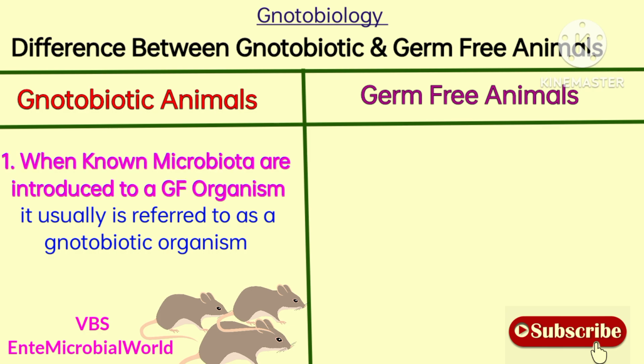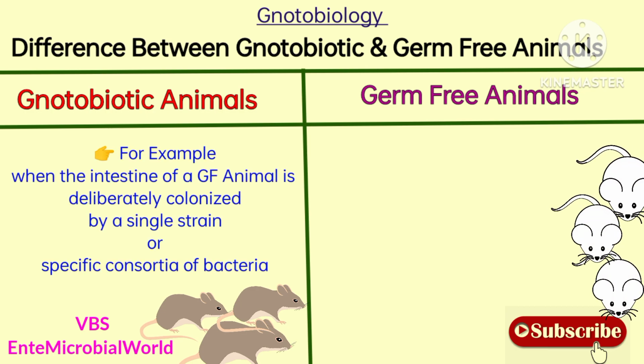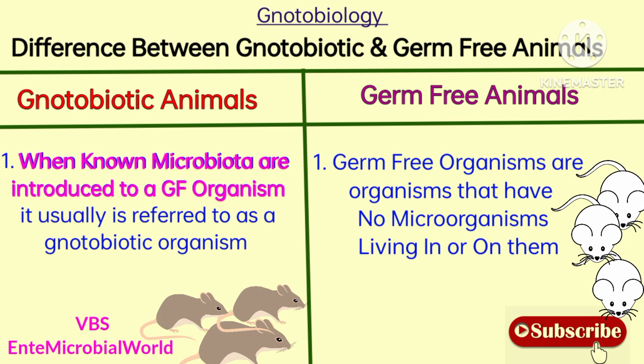When non-microbiota are introduced to a germ-free organism, it usually is referred to as a gnotobiotic organism. For example, when the intestine of a germ-free animal is deliberately colonized by a single strain or specific consortia of bacteria. Germ-free organisms are organisms that have no microorganisms living in or on them.